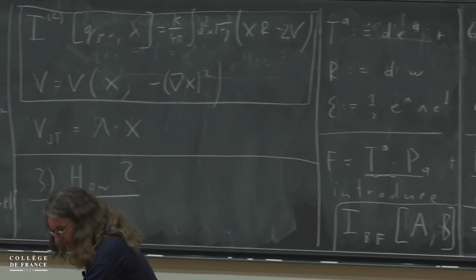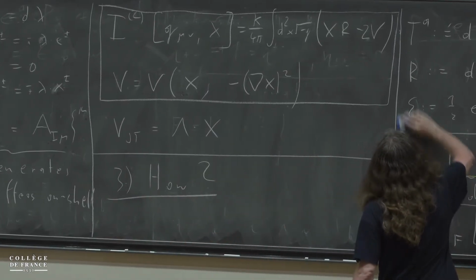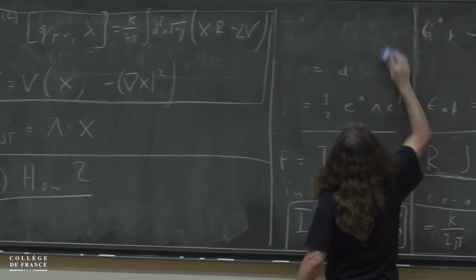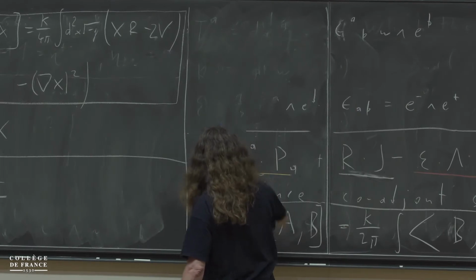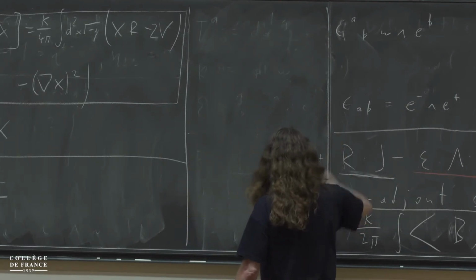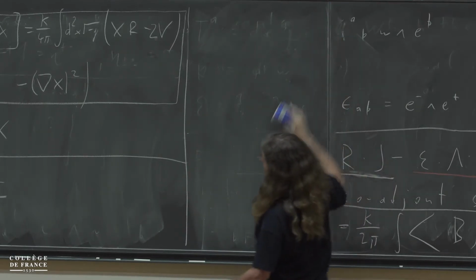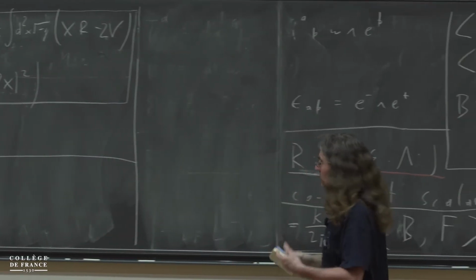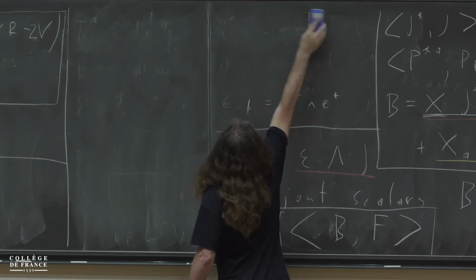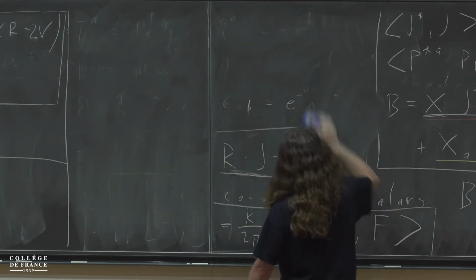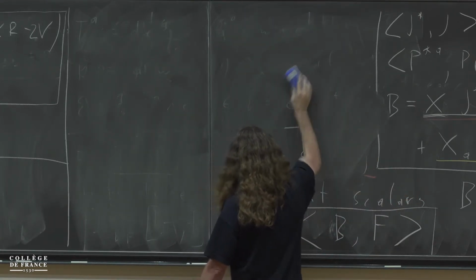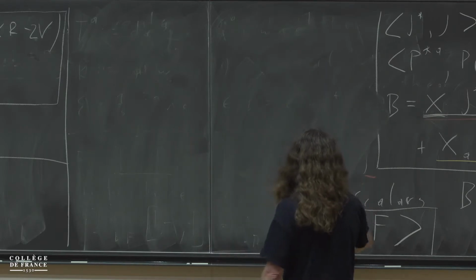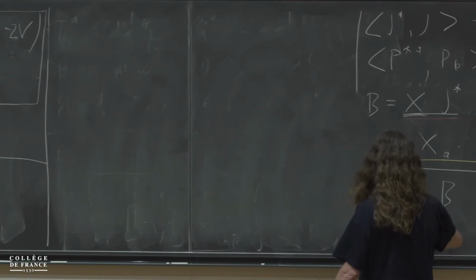Well, exactly like in 3 dimensions, and in the simple example of JT gravity, it's useful to have a gauge theoretic formulation. Now, it's not at all obvious that any such model will have a gauge theoretic formulation, but it turns out to be true. And I want to present to you now this gauge theoretic formulation, which also shows that all these models can be treated on equal footing.